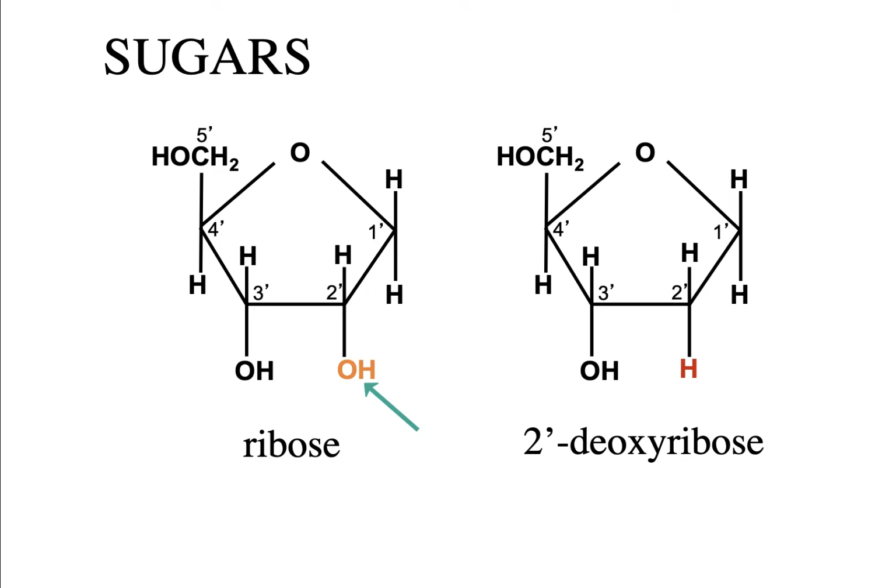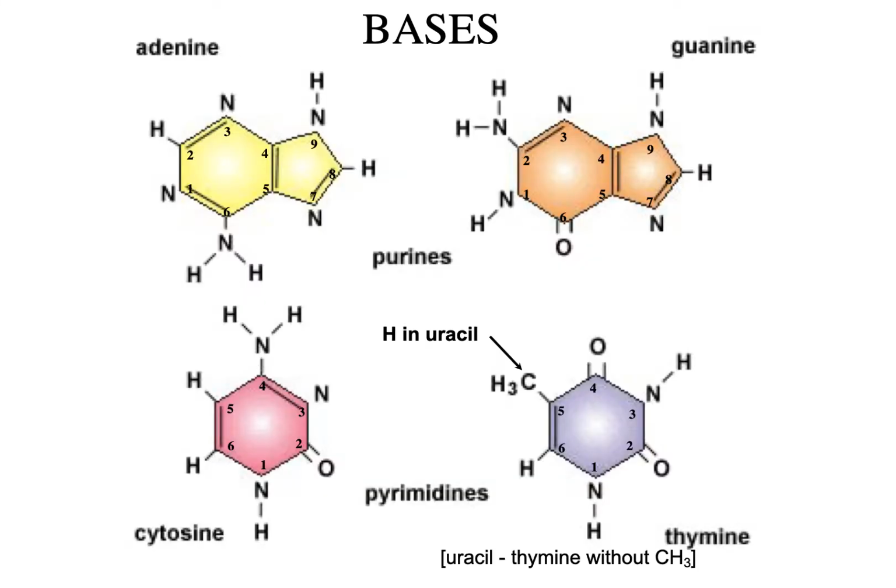as reactive at all. And here are the 5 nitrogenous bases, adenine here, guanine here. These are the 2 purines, and here are the markings for each of the carbons. There's 1, 2, 3, 4, 5, 6, 7, 8, and 9 here, and 1, 2, 3, 4, 5, 6, 7, 8, 9.